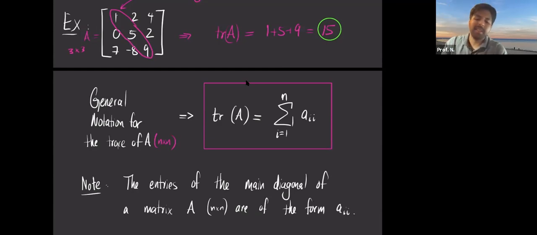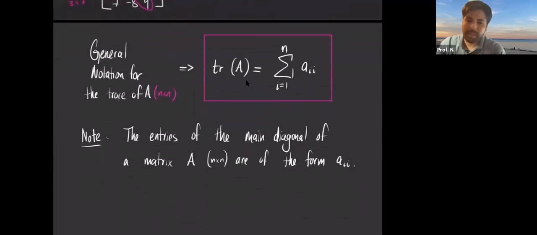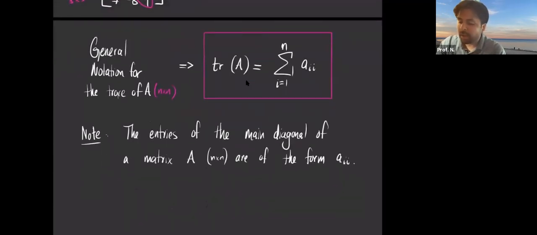So that's when the indices are the same. That's what it means to be an entry on the main diagonal. The number of your row equals the number of your column, which just means you're on that diagonal. Okay, so that's what we have.